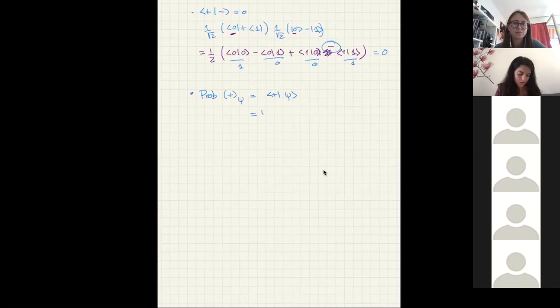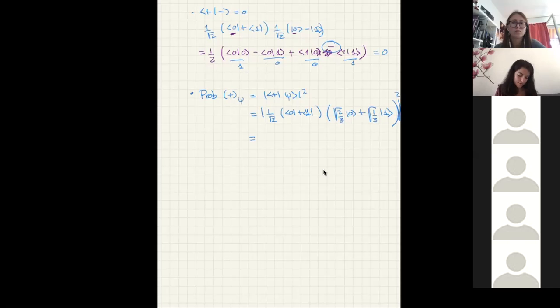So you have 1 over square root of 2 times (0 plus 1), and now we have the state itself, which was square root of 2 over 3 times 0, plus square root of 1 over 3 times 1, and squared. It's nice if you try to do it along.